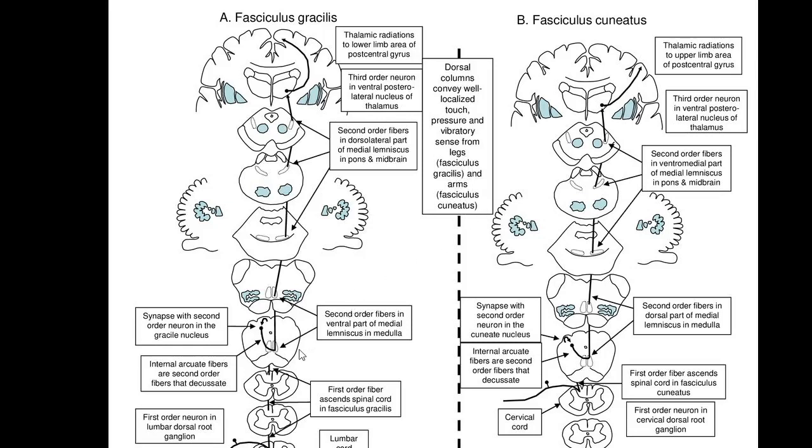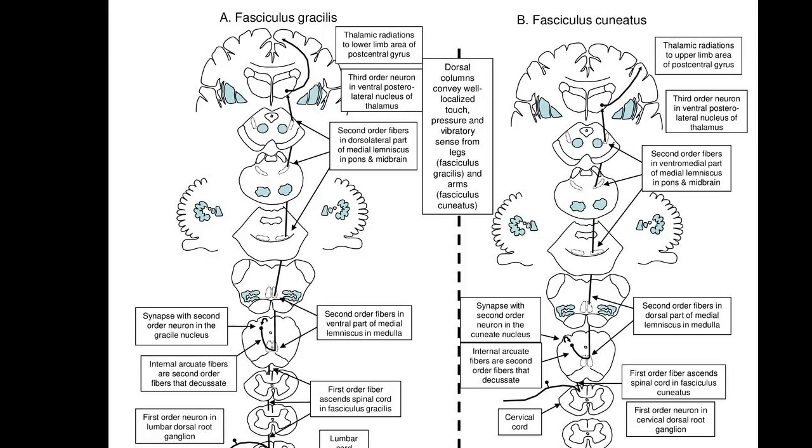The fibers arise from the cells present in the dorsal root of the spinal nerves. They come here in the dorsal column, dorsal funiculus.